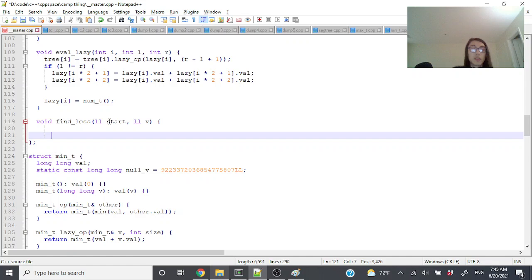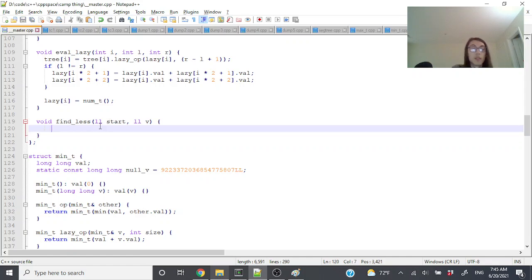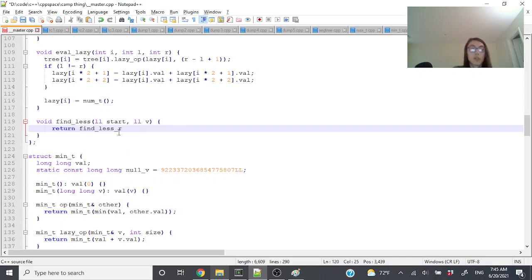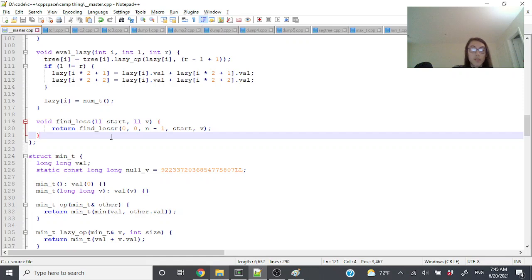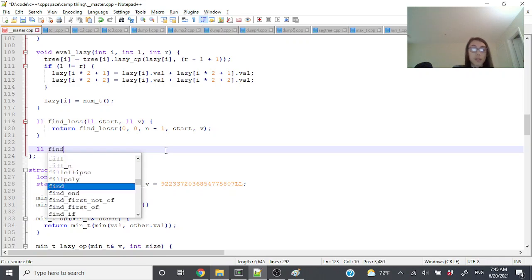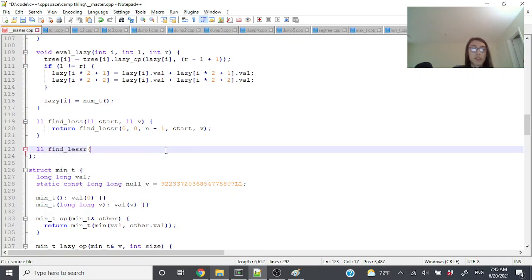Start lv. So it should be 0, 0, and minus 1. Start v. That should be l. Find_less_r.